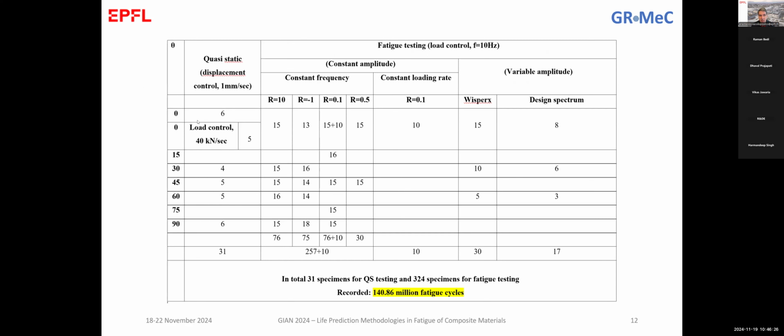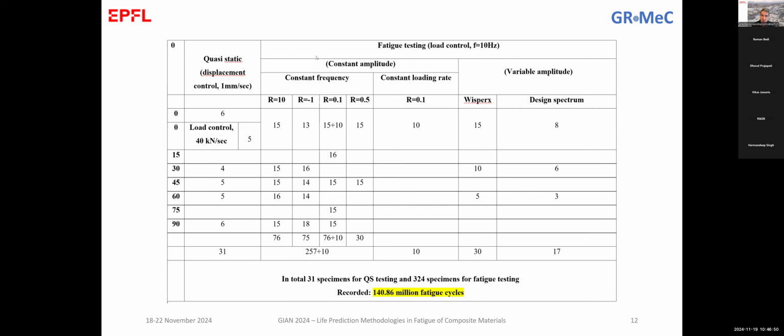You see also here that I have tests at 1 millimeter per second and tests at 40 kilonewton per second. So these are the different loading rates that correspond to the standard testing and to the testing rate that is related to the fatigue testing.